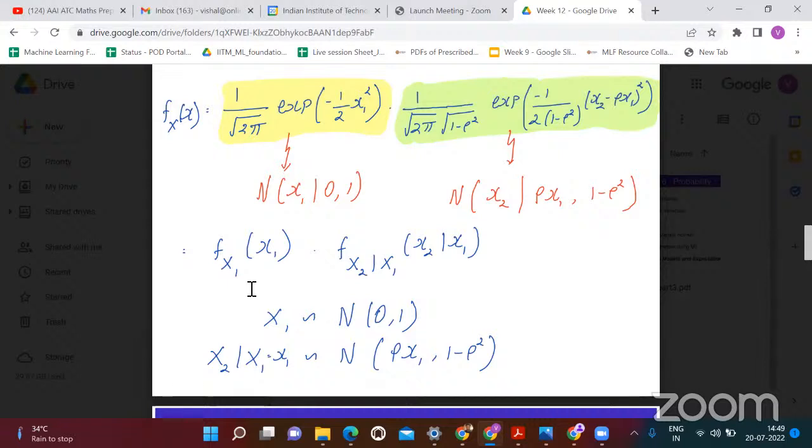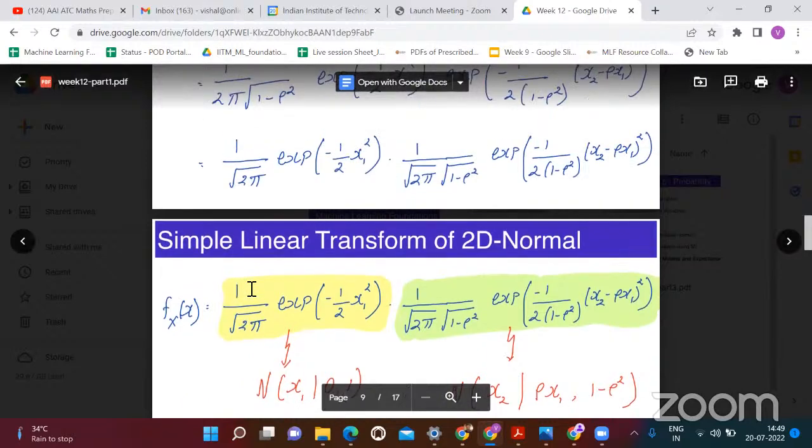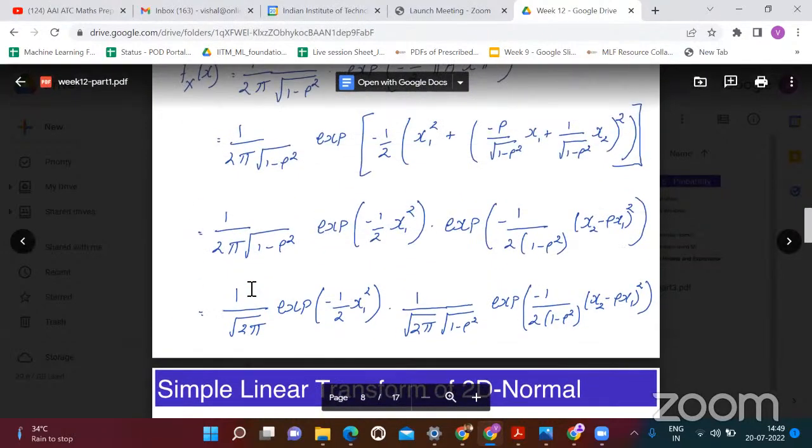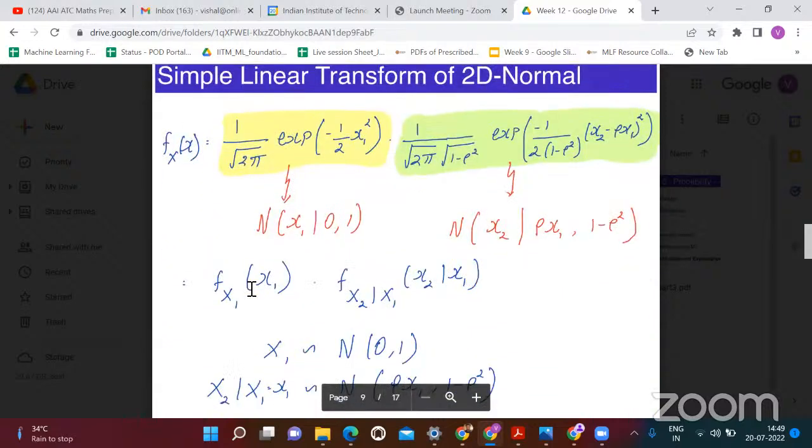You have read that the joint density distribution can be written as the conditional multiplied with the marginal distribution. This is the same thing we are doing. After doing some mathematical calculation, interchanging the values here and there, in the end we got this form.